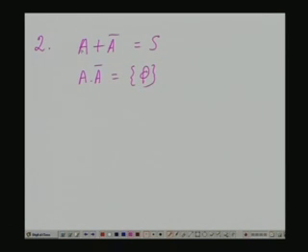That means P of A plus A bar, since both are mutually exclusive, I can write using one of the axioms, axiom number 3, this thing.